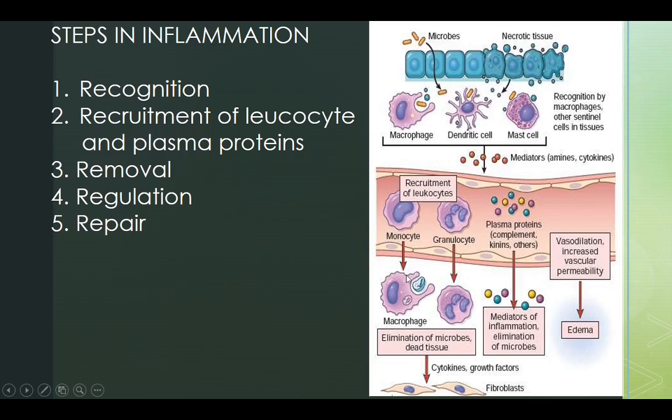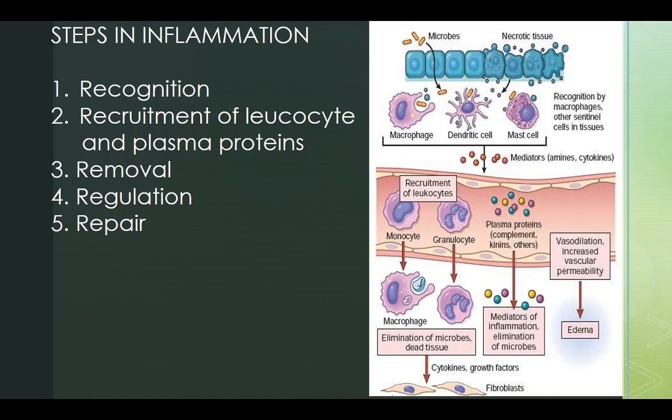And then after the injury is controlled, there is removal of whatever has come; it will be taken up by macrophages, which remove all the destruction and debris. And then regulation: after the clearing, these cells have to be regulated, so they destroy themselves, which is called apoptosis.